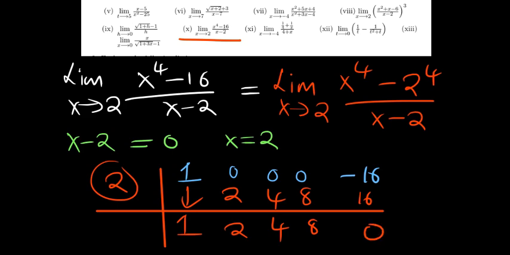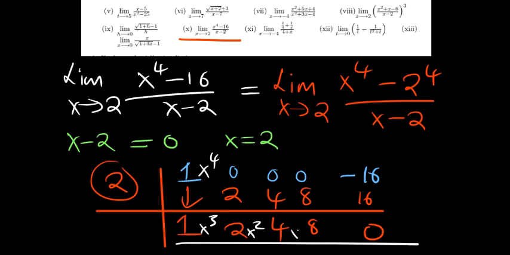So at that point, what you have after dividing is this. Since we had started with the power 4, this will be the power 3, the power 2, the power 1, and the power 0 as a constant. So after dividing we have x to the power 3, plus 2x squared, plus 4x, plus 8.